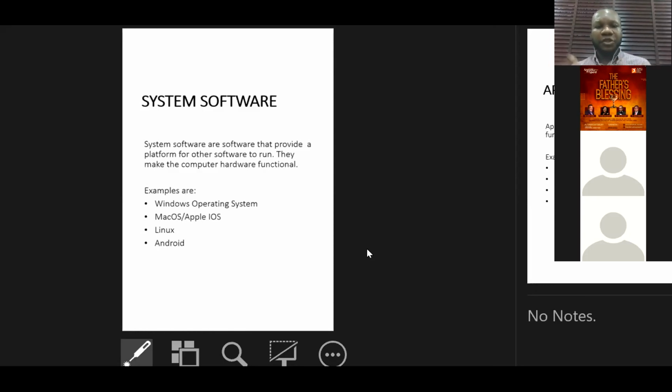They receive life. That's why I said the operating system gives life to all the hardware components in the computer. I hope that was clearly understood.